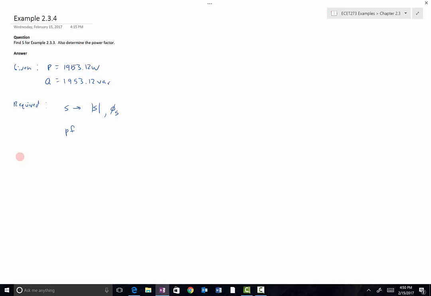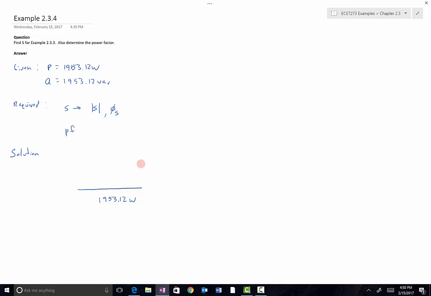So the solution to this is to use the power triangle. We know that the base of the power triangle, the real portion, is represented by power, 1953.12 watts. And so we've got the real, sometimes called the active power, sometimes called the average power, on the real axis there.